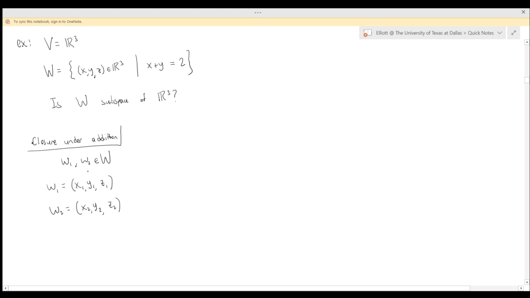Being elements of W, they have to satisfy this condition. So their x coordinates plus their y coordinates must equal 2.